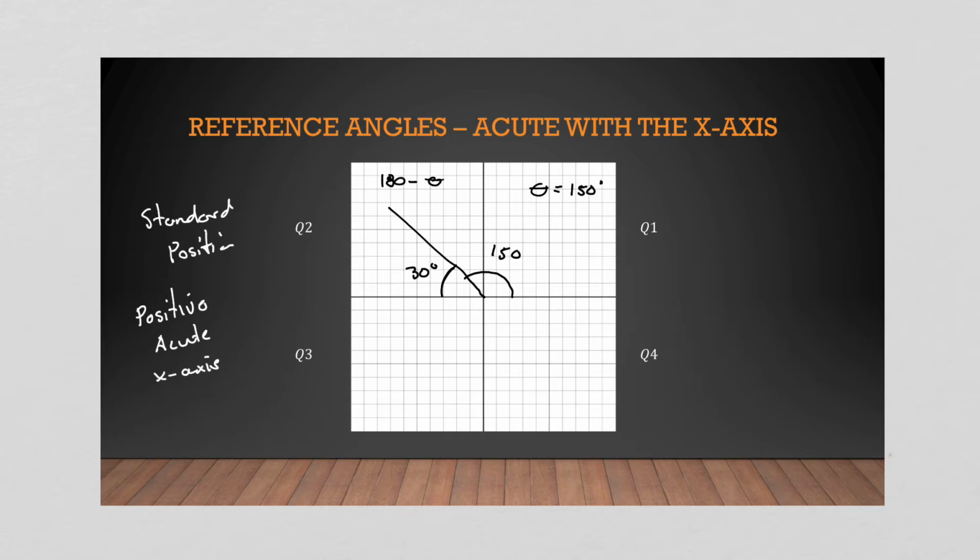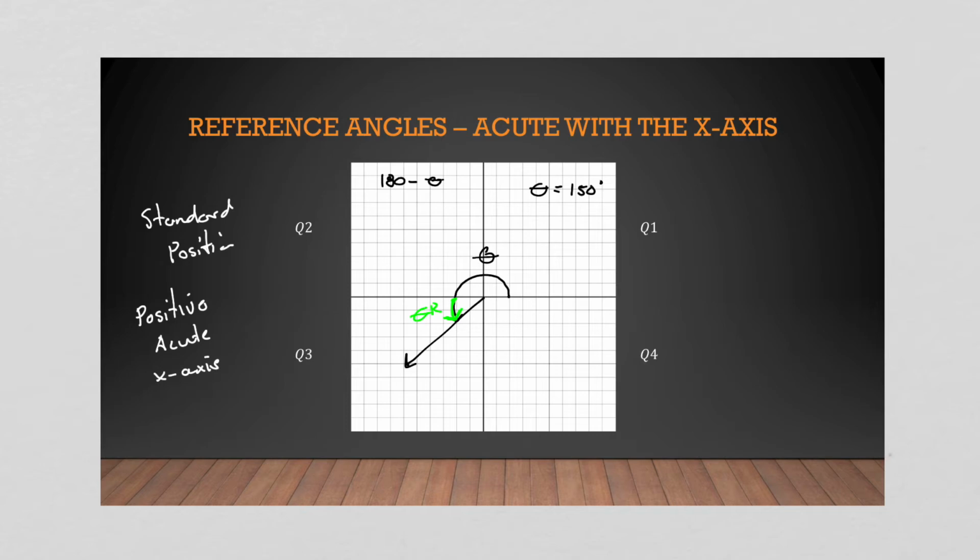Now, when we get into Q3, well, we're here. So again, here's theta, it comes all the way to here this time. Well, what's my acute angle with the x-axis? It's just this chunk right here. So this chunk is my reference angle. And how do I get that in this example? Well, it's 180 degrees plus, or sorry, not plus.